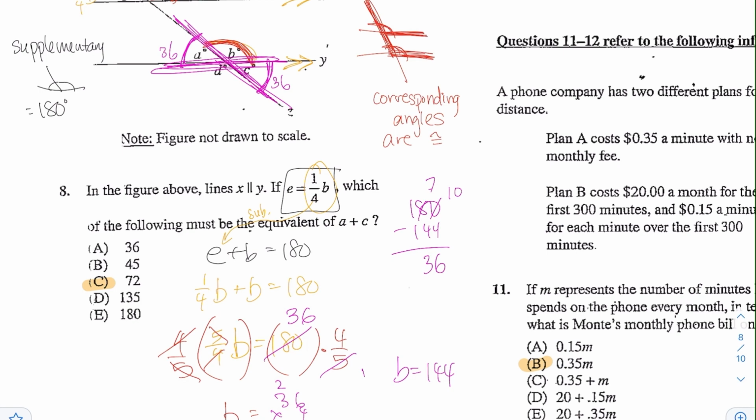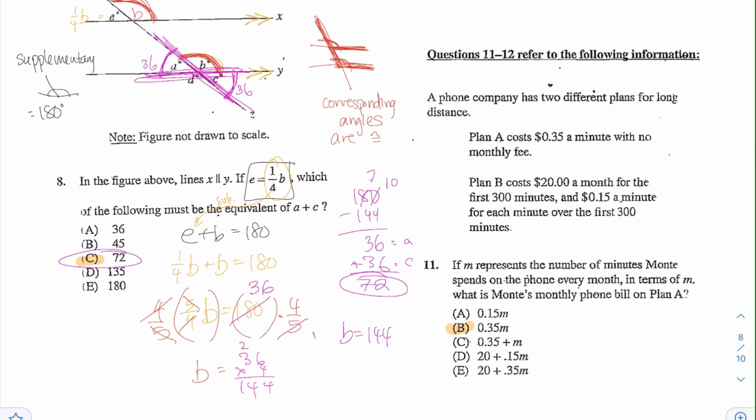So you do 36 plus 36, and that's equal to 72, which is A plus C. And that's choice C here. So the key here is to use corresponding angles, which are congruent, as well as supplementary angles, which add up to 180 degrees.